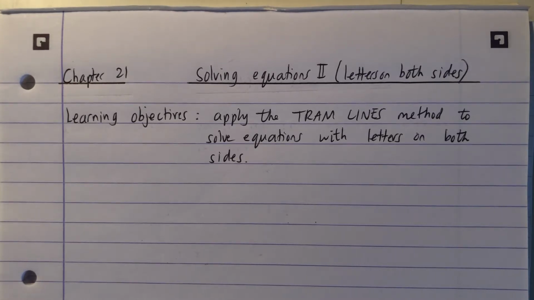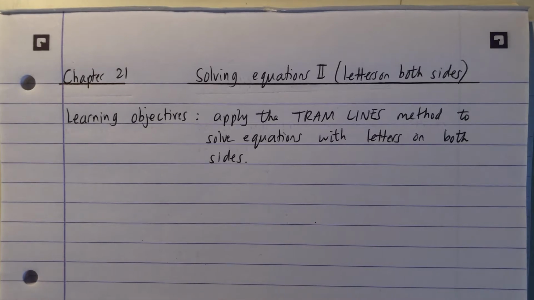But the good news is the method called tramlines still applies. It works for every single equation, not just Year 7 equations, all the way up to GCSE and A level and beyond. And we're going to use that to solve equations where there's a letter on both sides of the equal sign. Okay, so let's see how you can actually get an equation with a letter on both sides.